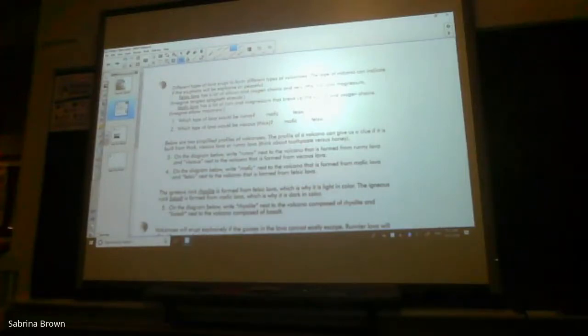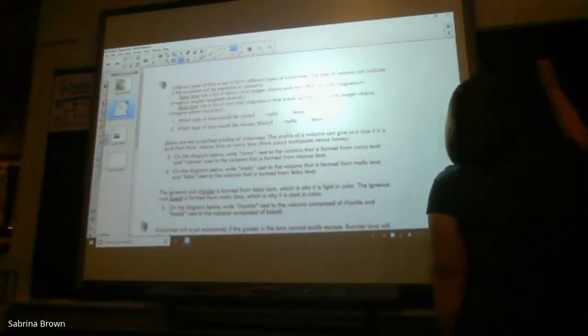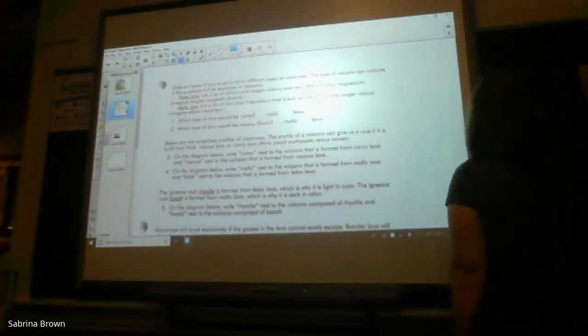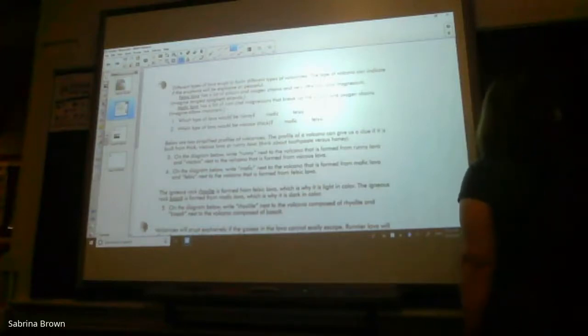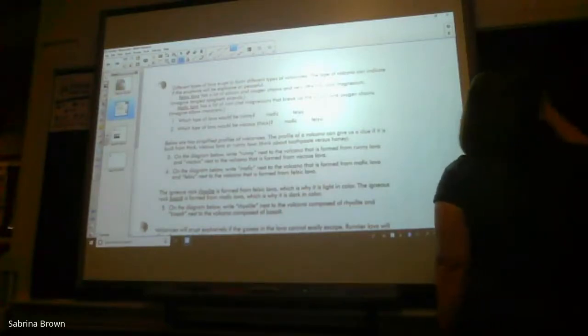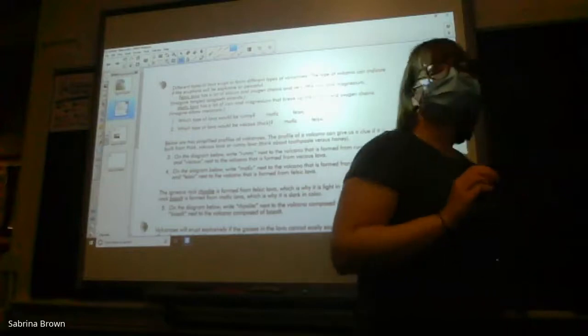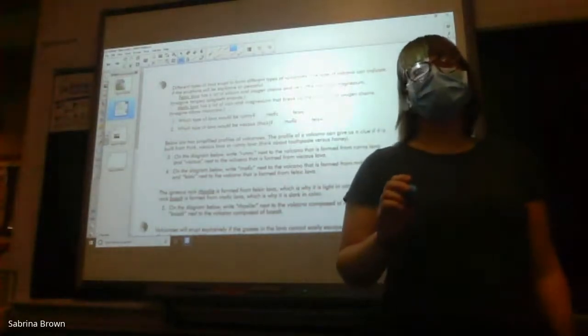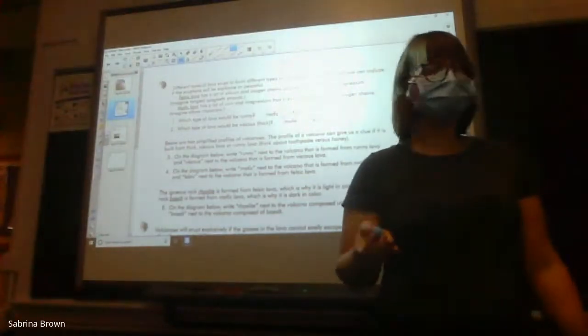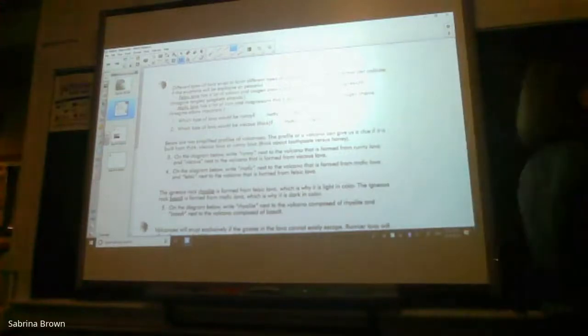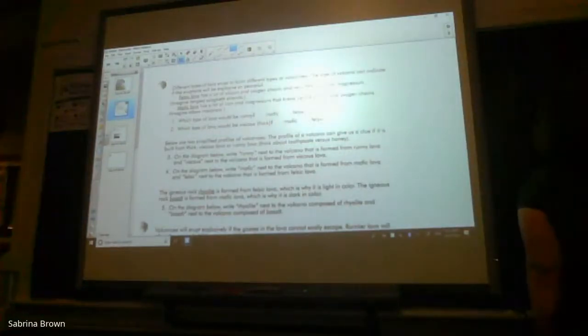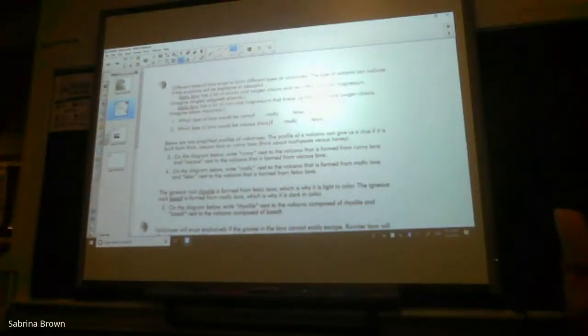Okay, so for volcanoes, I want you to remember viscosity, which is resistance of a fluid to flow. And so, for example, a low viscosity fluid would be maybe water.